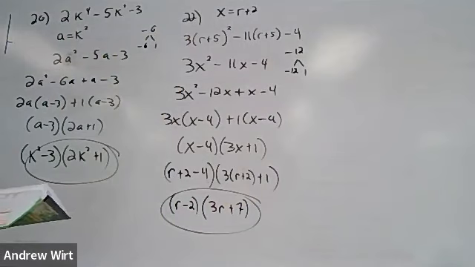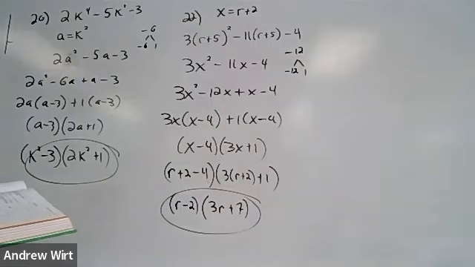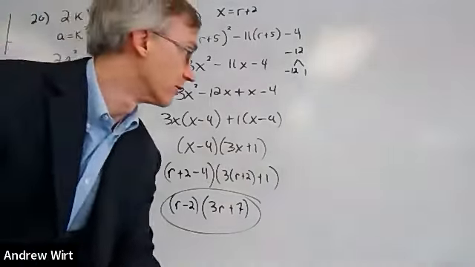Something is a mess. Why did I define x to be r plus 2?